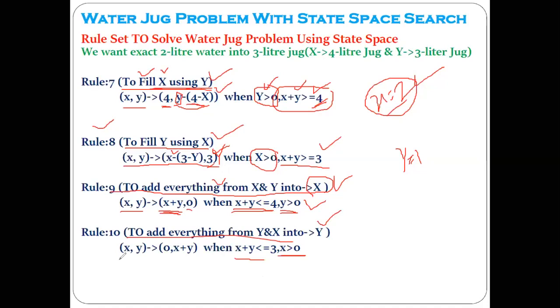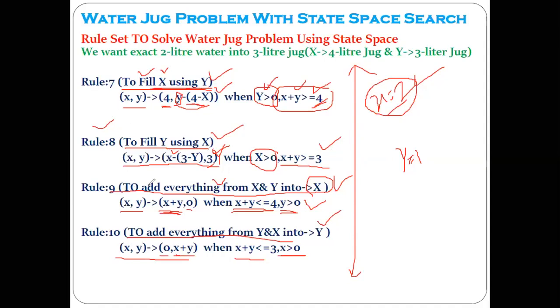The state space representation is x, y implies 0, x plus y. If you put the water of x into y, then x becomes 0 and y becomes x plus y. Got the point? So these are the 10 basic rules that you can utilize while solving the water jug problems.